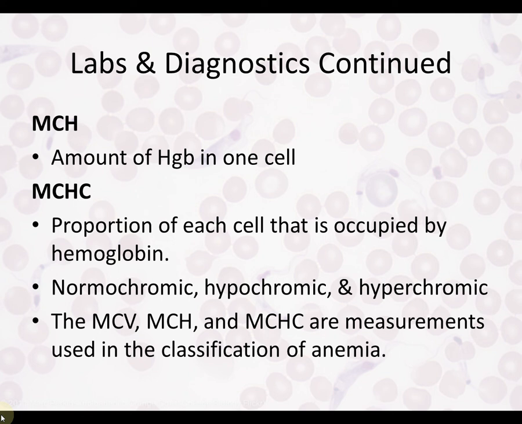An increase in RDW indicates a relatively heterogeneous population of red blood cells, indicating the presence of either abnormal or immature cells. The RDW is useful to differentiate the various types of anemias.